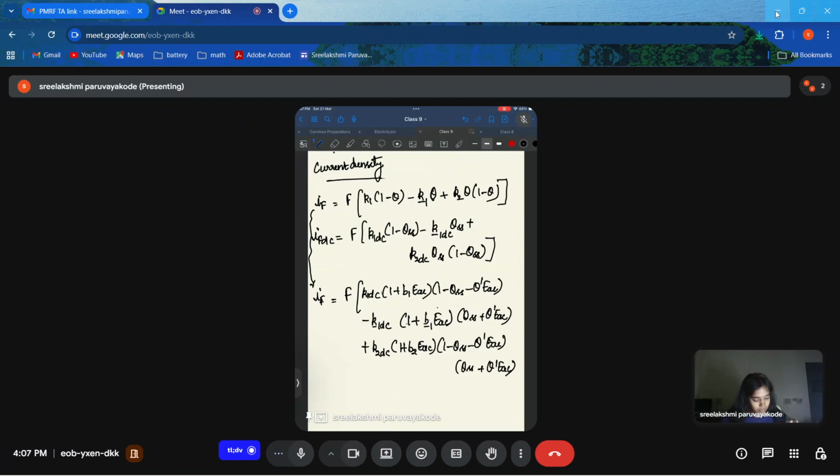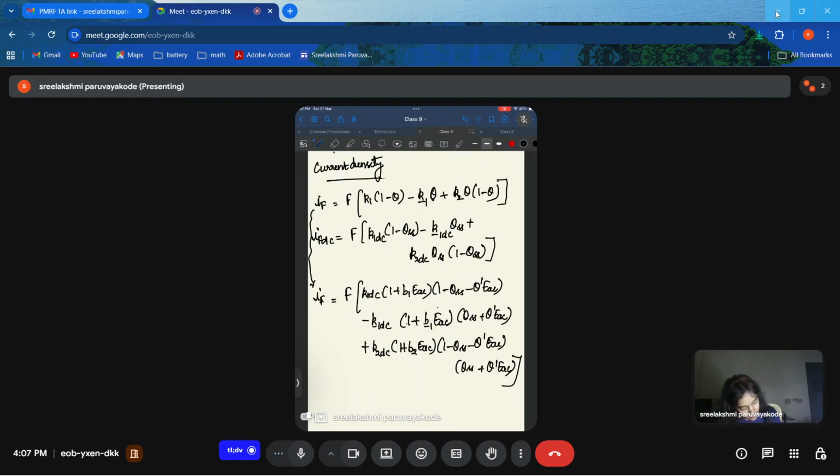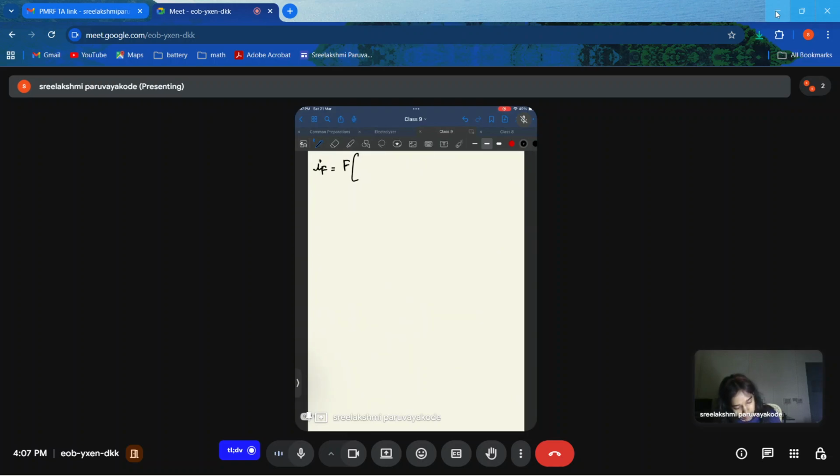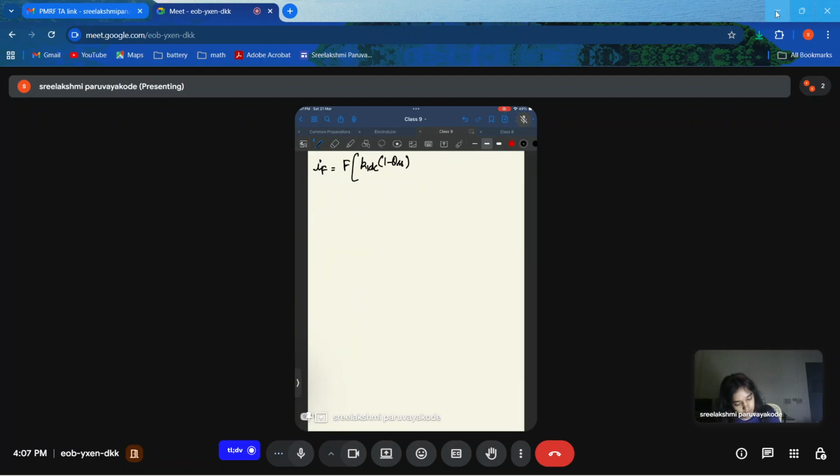Now I have to open up the bracket, but because I cannot, I'll just start writing. IF equals F into, you have K1 DC into 1 minus theta SS. Next is K1 DC B1 is K1 DC into theta dash EAC.